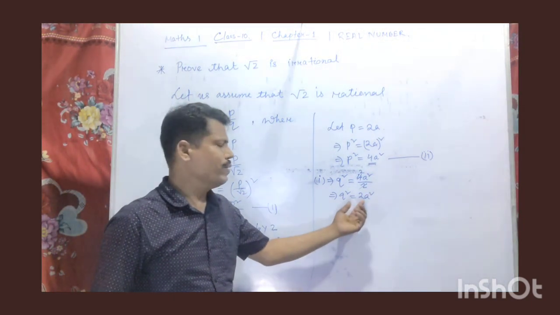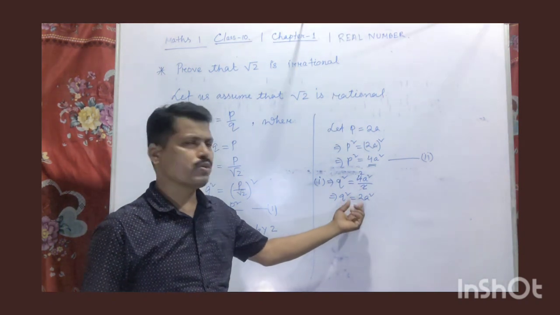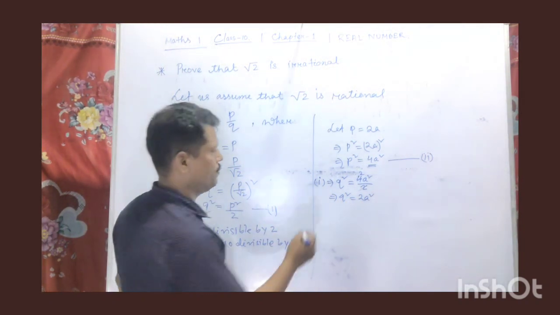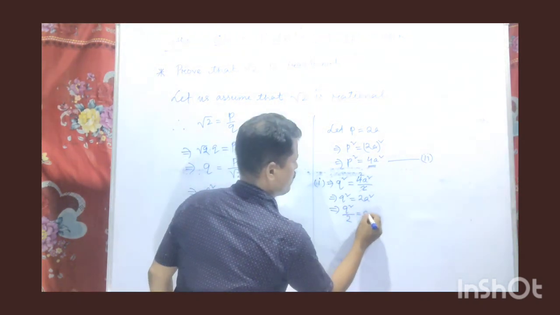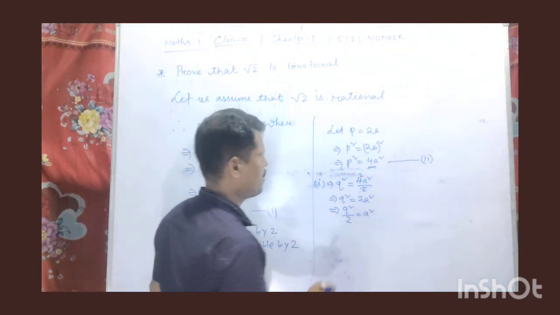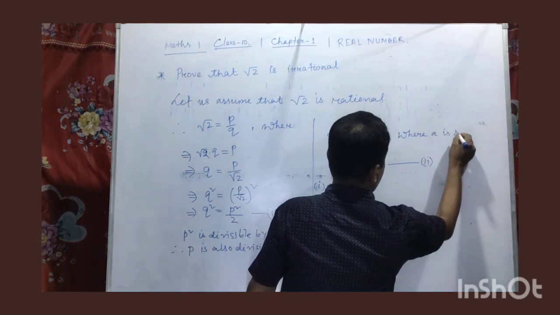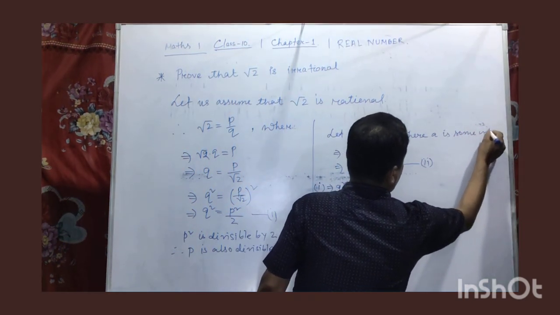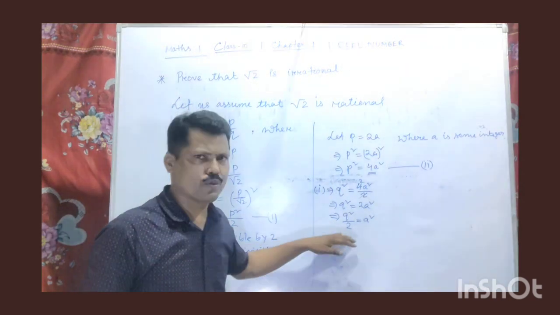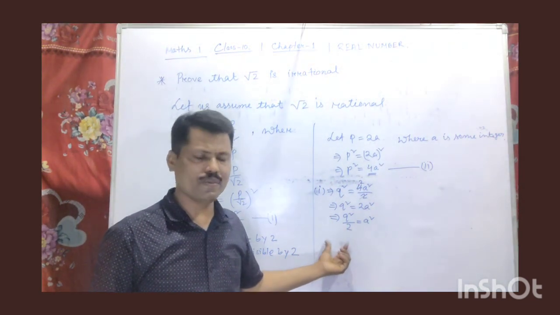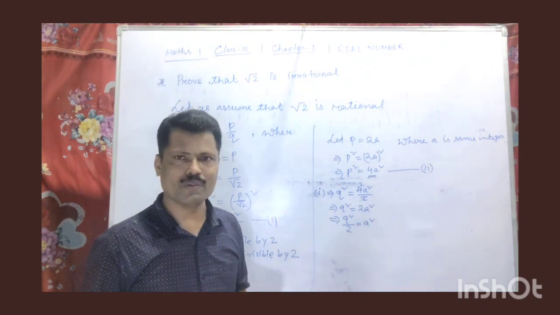Here 2 is a factor of q, so q square is divisible by 2, where a is some integer. So here also we can write q square is divisible by 2 and q is also divisible by 2.